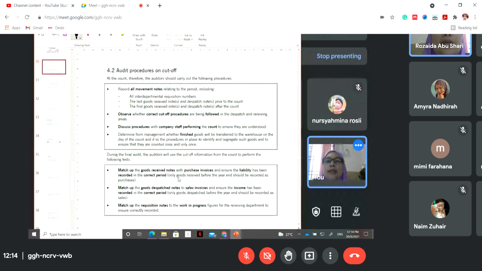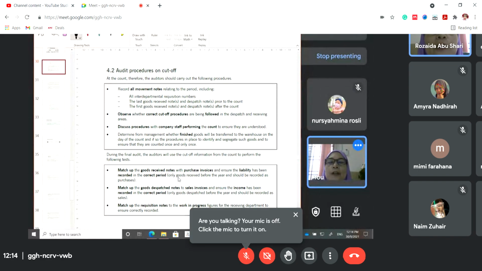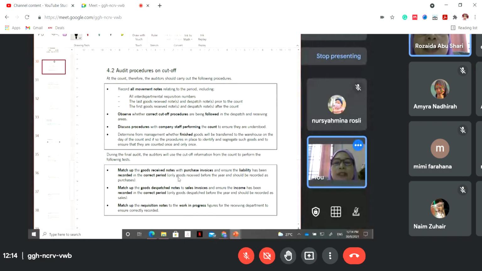Next, these are all examples of audit procedures on the cut-off. In order to determine the audit procedures, again, you have to use the verb.